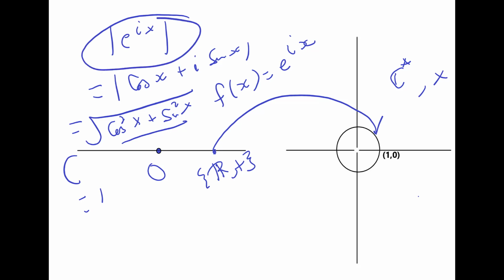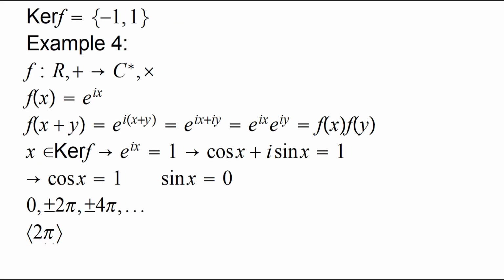So all the numbers have modulus 1. So all the images live on this circle. And for this f, what we got was that the kernel was the cyclic group generated by 2 pi. All right. So now let's go over the other examples.